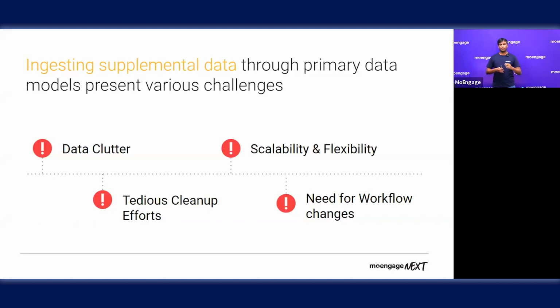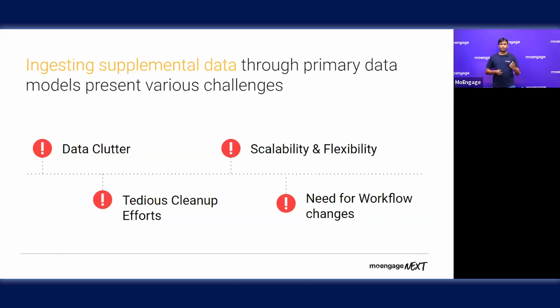And especially for verticals like financial services, if you're doing hundreds of campaigns, you're creating a lot of unnecessary profile properties, which leads to a lot of maintenance. And also you need to change your workflow in the way that you are doing it.